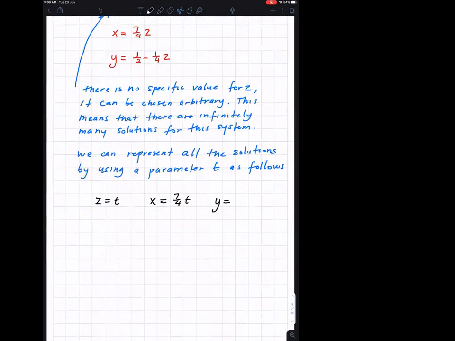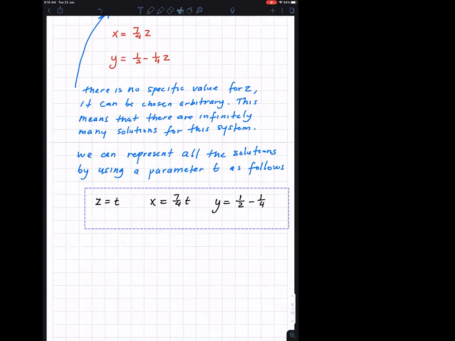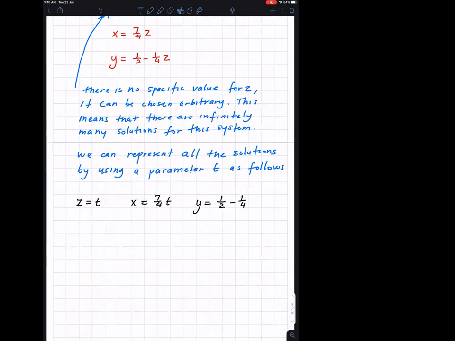Y is equal to what? 1 over 2 minus 1 over 4 t.